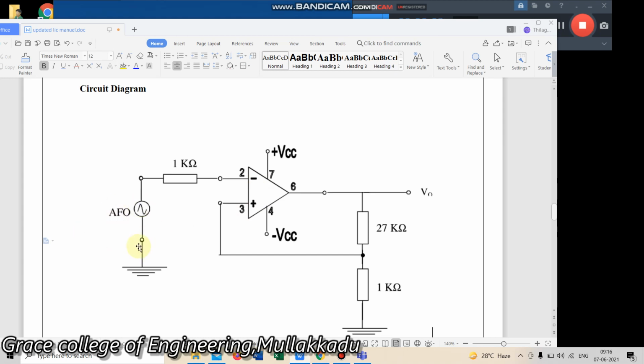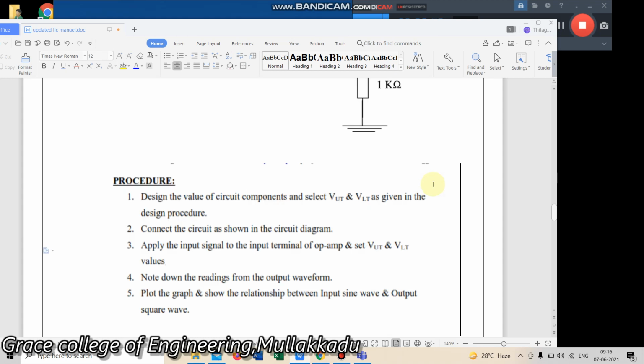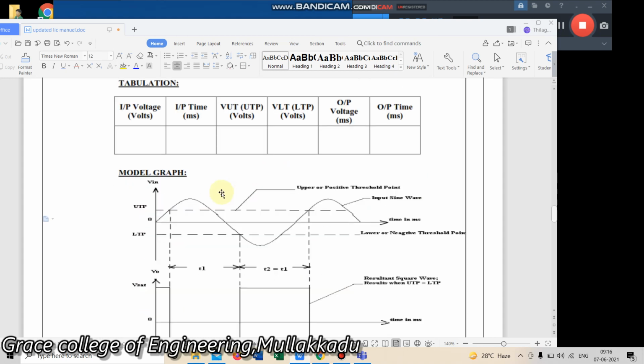Use a sinusoidal waveform as the input, and the input resistance is taken as 1 kilo ohm. The voltage divider network is taken at the output. This is the input waveform which we give, and in the input waveform we set the upper threshold voltage and lower threshold voltage.